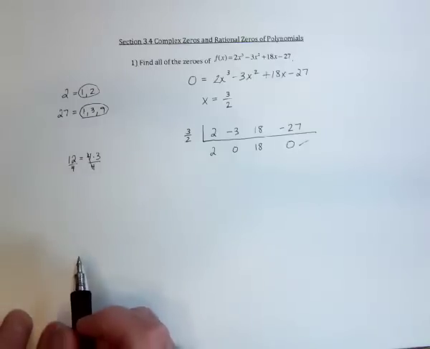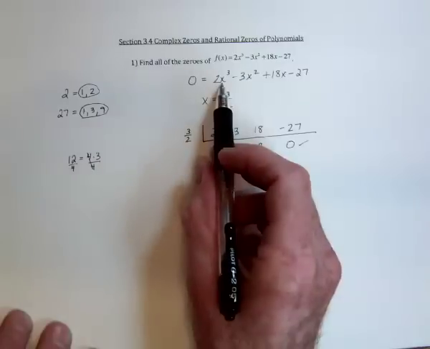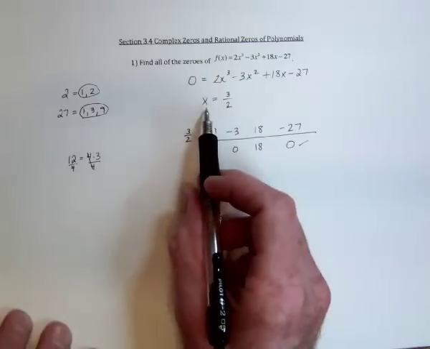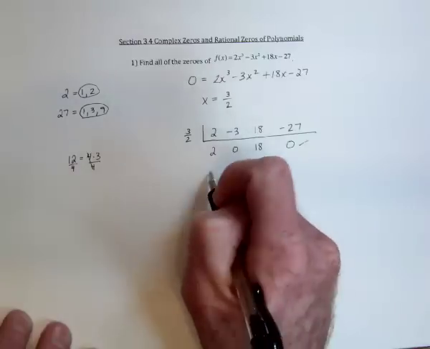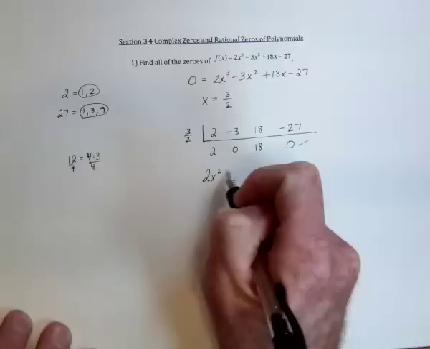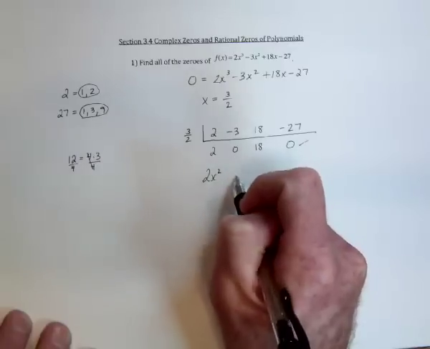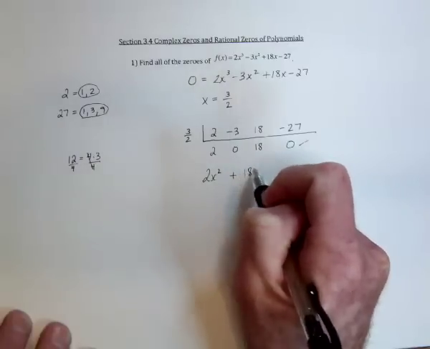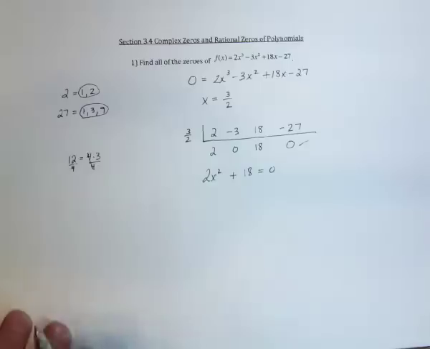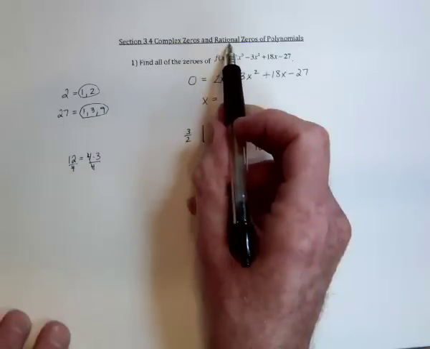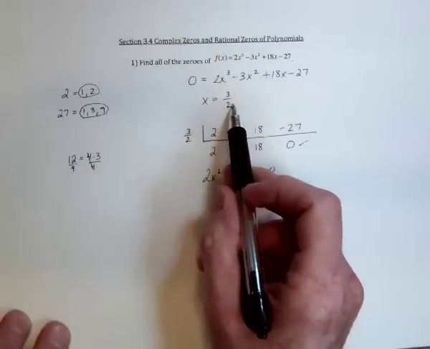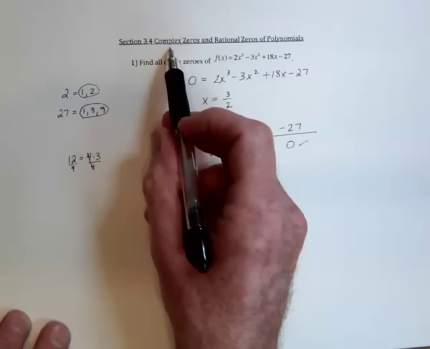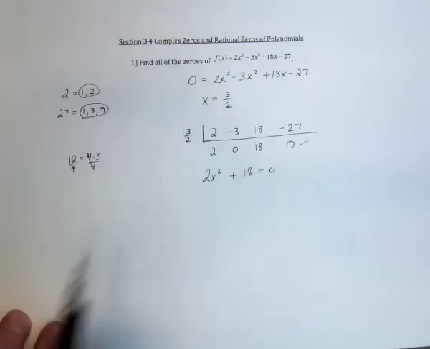That's good news. So the original problem was an x cubed. We just divided out an x, so we're left with x squared. 2x squared plus 0 for x plus 18. And then from this polynomial, we need to find the other 2 zeros. So the first one was a rational 0, a fraction, and it looks like the next 2 are going to be complex zeros.